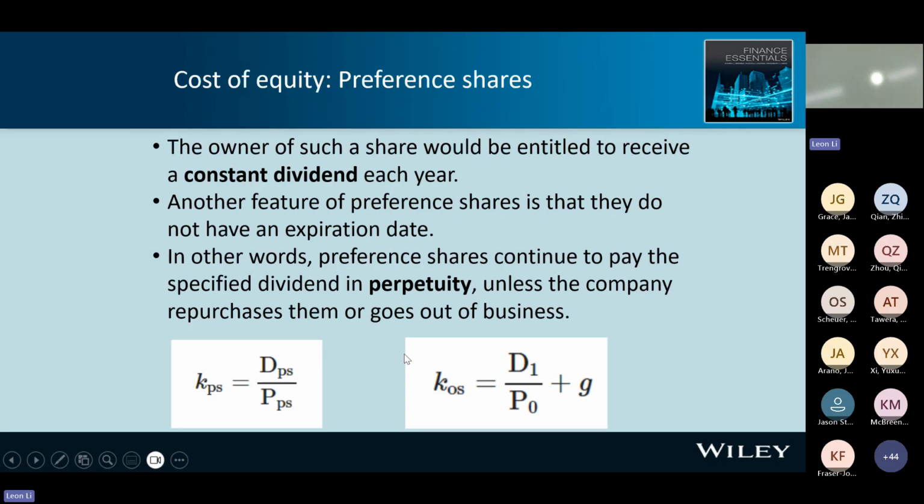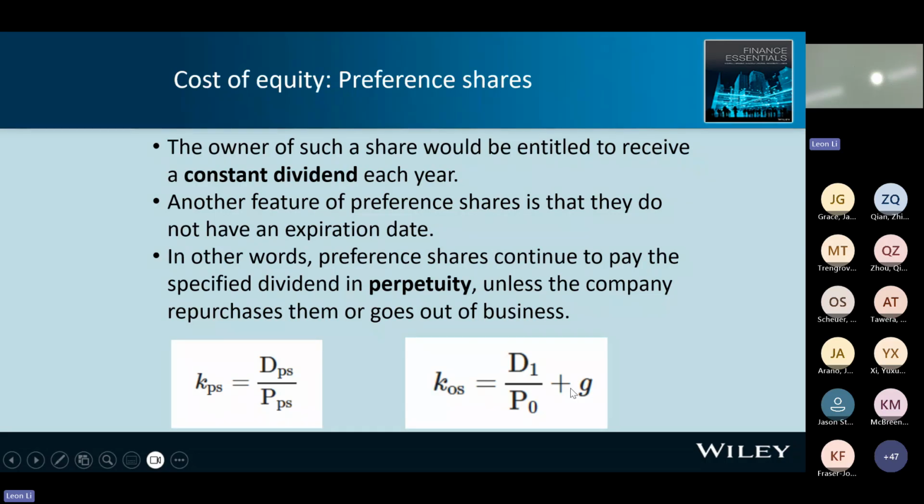Let me make a comparison. If we have the result for KOS, cost of ordinary share, this is our result. All right. Preference share is a special case of ordinary share. That means dividend is a constant. In other words, G is 0.